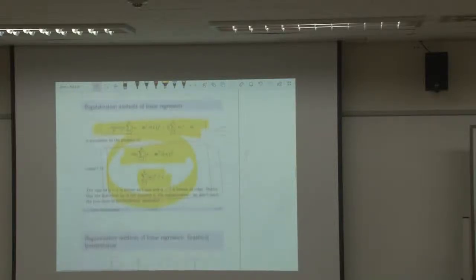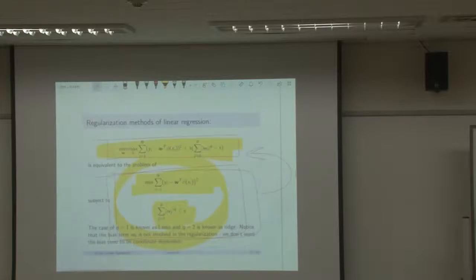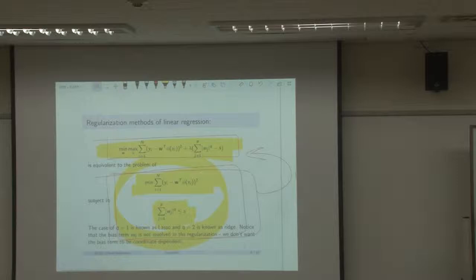Then I went on, this is where I stopped. I had a general formulation where I'm minimizing the residual sum squared, represented by this thing right here. This part is the residual sum squared, and this can be represented in a matrix form.